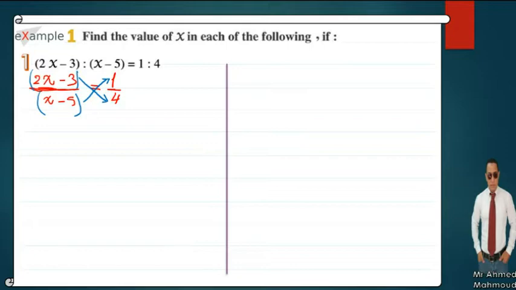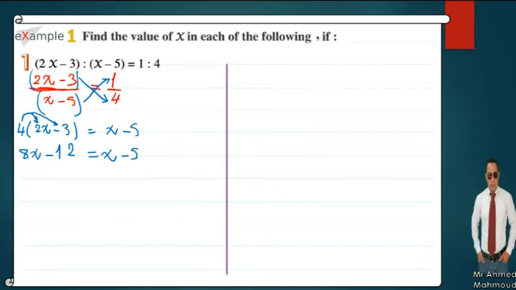Like this: 4 open bracket 2x minus 3 close bracket equals 1 times x minus 5, which equals x minus 5. The second step, I'm going to distribute 4 among 2x and 3. The distribution here means multiply 4 times 2x equals 8x, minus 4 times 3 equals 12. Here we have x minus 5.